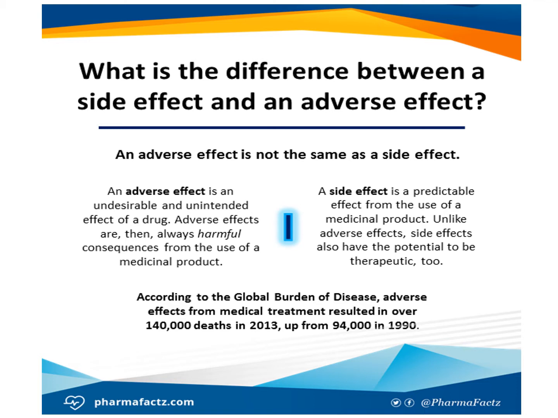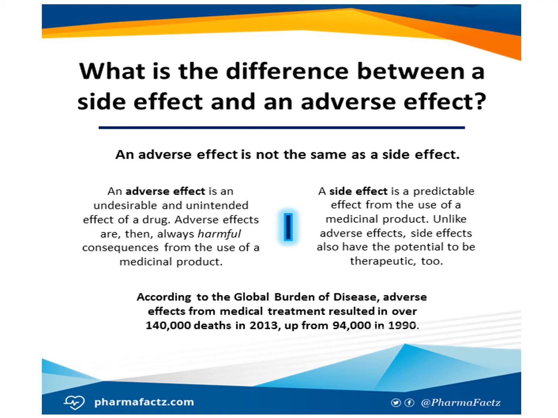Your Achilles tendon can actually rupture right off as a side effect from fluoroquinolones. Sorry, I used the word side effect, an adverse effect. So that's an adverse effect because not only is it serious and harmful, but it's totally unexpected and very uncommon.